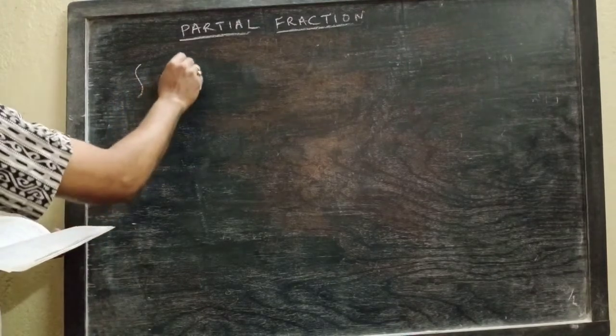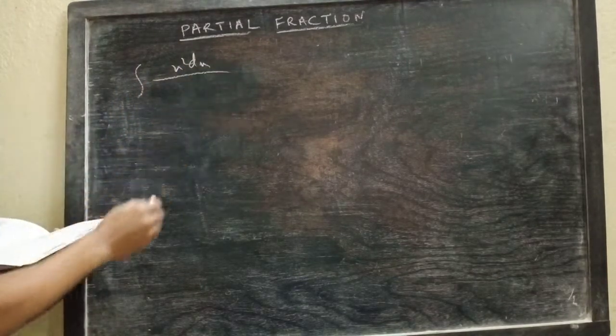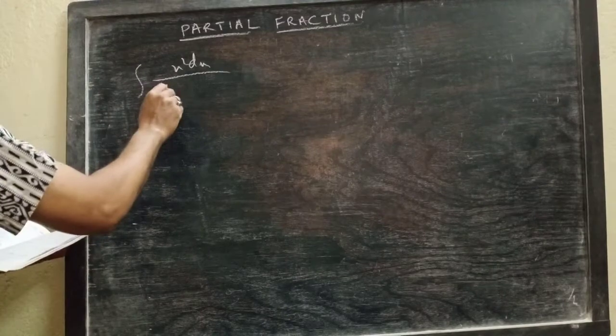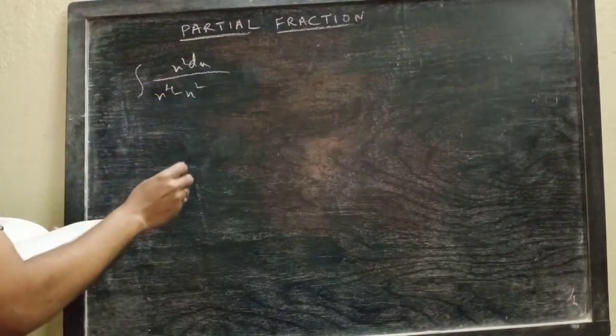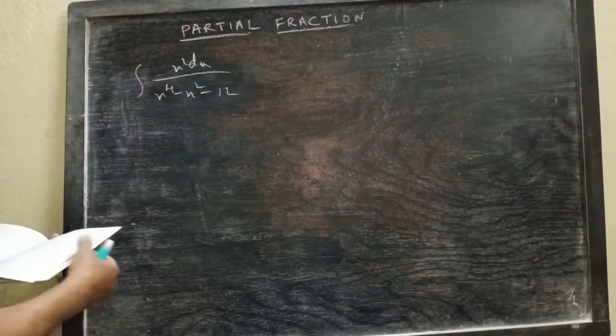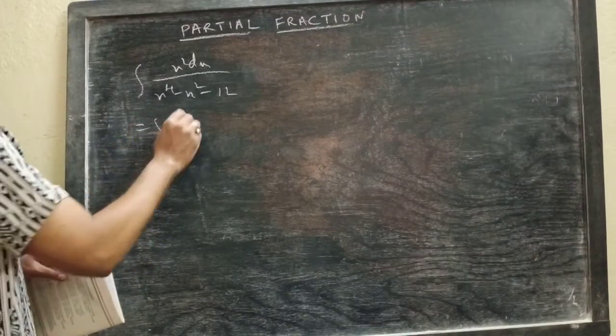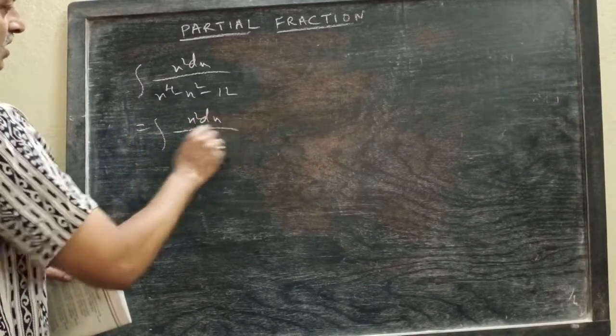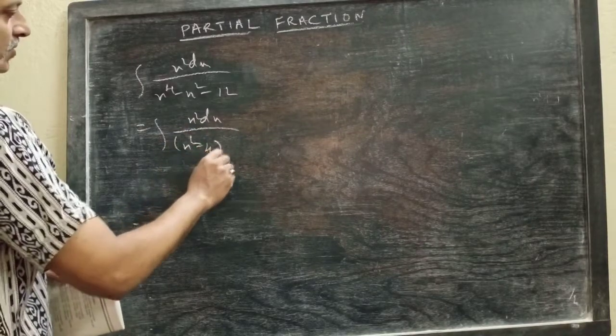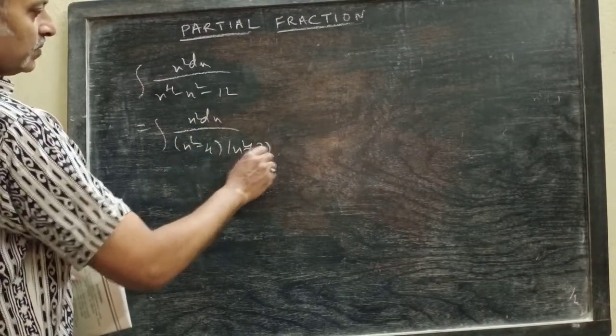Next, integration x square dx by x to the power 4 minus x square minus 12. You know this can be factorized. So x square dx by (x square minus 4)(x square plus 3).